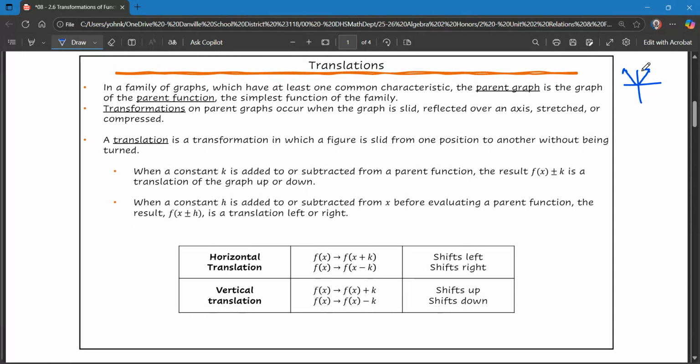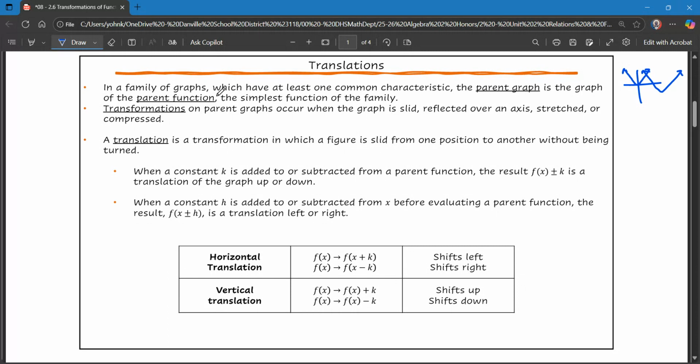But if I then draw another one over here, I've now transformed this first one into something else by translating it right and translating it down. And so when we talk about translations, we're talking about taking a graph and moving it side to side or moving it up and down to get a new picture.